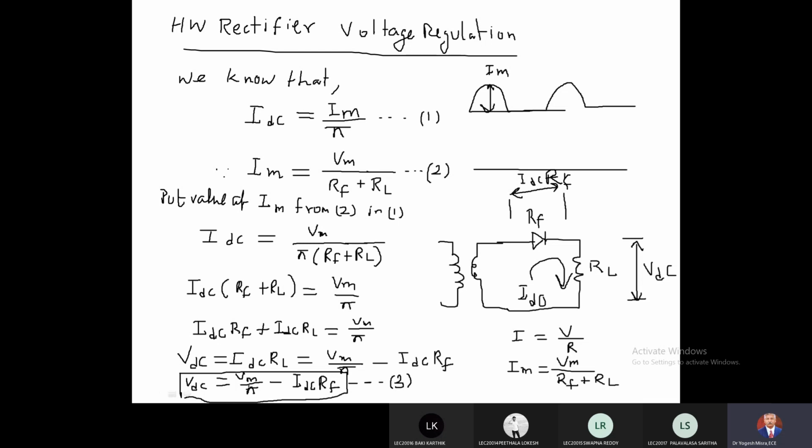This voltage you subtract from Vm by pi, then you will get the voltage at full load, and from that you can calculate the percentage of regulation. Depending upon the load RL, how much load you have connected, the value of IDC will be different, so the voltage across the diode resistance will be different, and accordingly you will get a different percentage of regulation depending upon the load. In this way you can calculate the things.